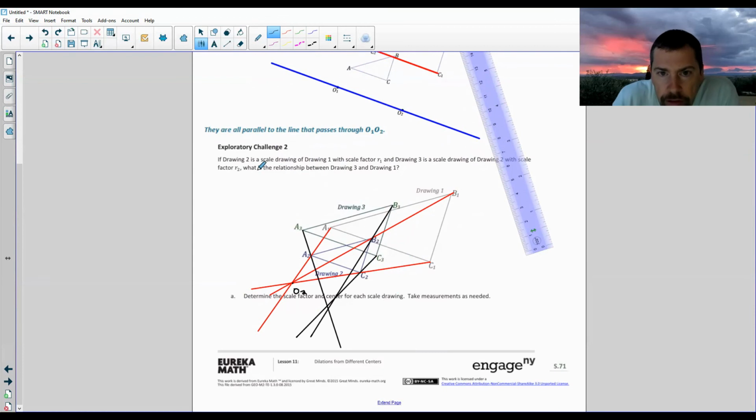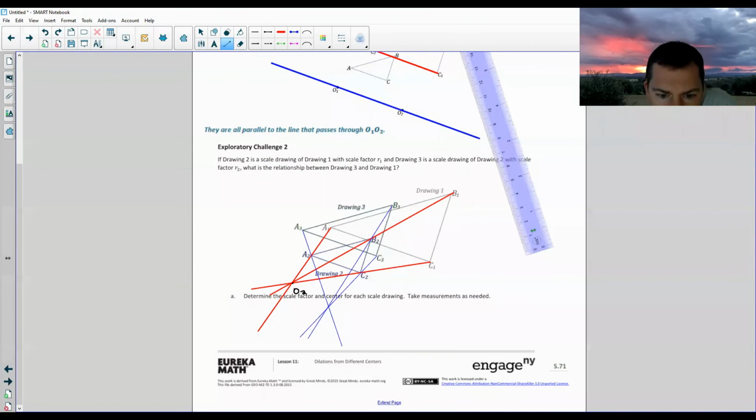Let me take a look. Okay, I redrew those. They're always off a little bit for some reason. So notice A3 goes through A2. This ray comes down, B3 through B2 comes down, and C3 through C2 comes down. And they all meet at relatively the same location now. And that point is, I would say, right here.